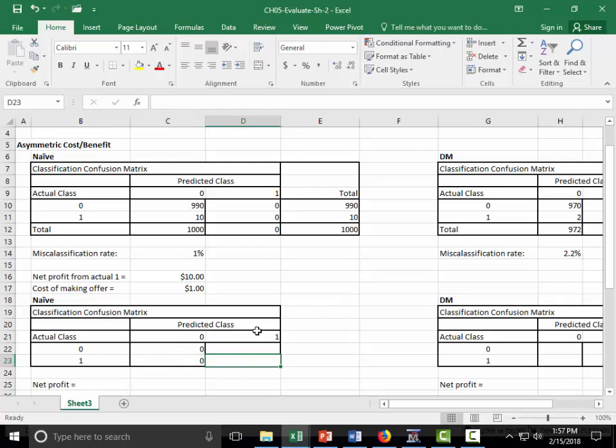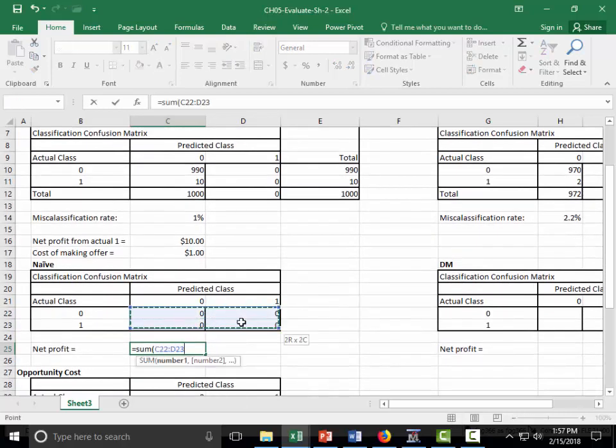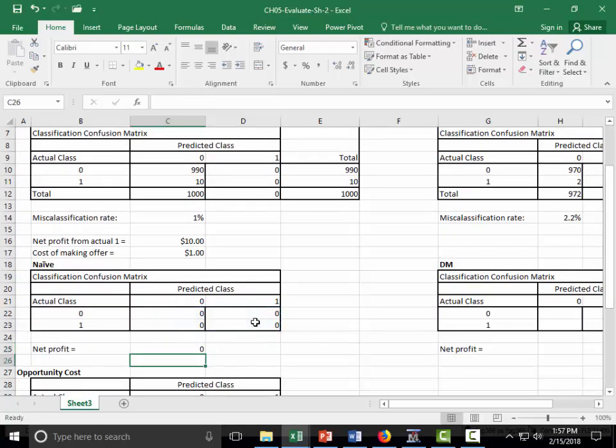You're predicting everything as 0, so you're not getting any profit, and all the ones, you're not predicting anything as 1, so there is no profit coming from there. So your net profit is the sum of all those. Okay, so 0.